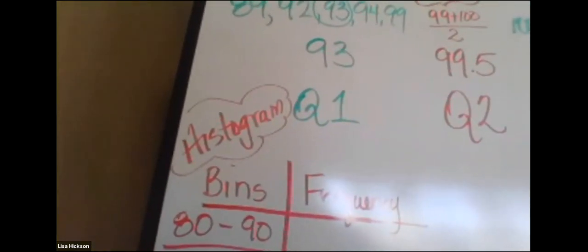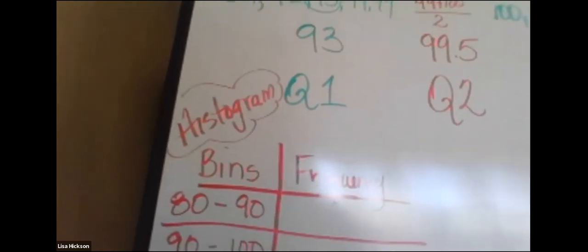So I went from 80 to 90, 90 to 100, 100 to 110, 110 to 120, 120 to 125. And lastly, so that I can count 125, I have to go 125 to 130. So now that's what your frequency table will start with.